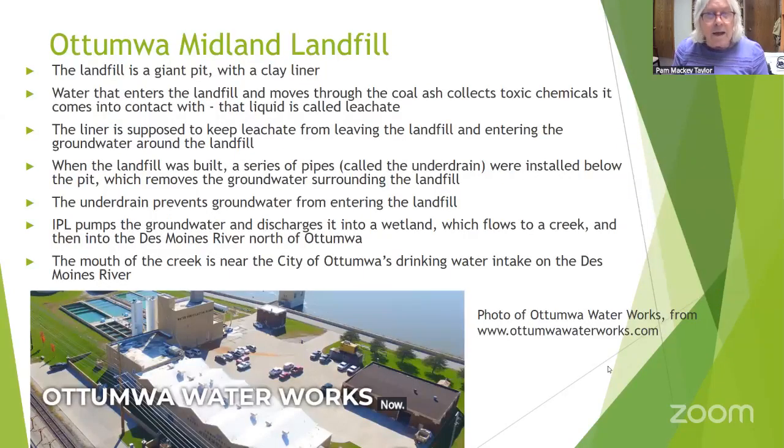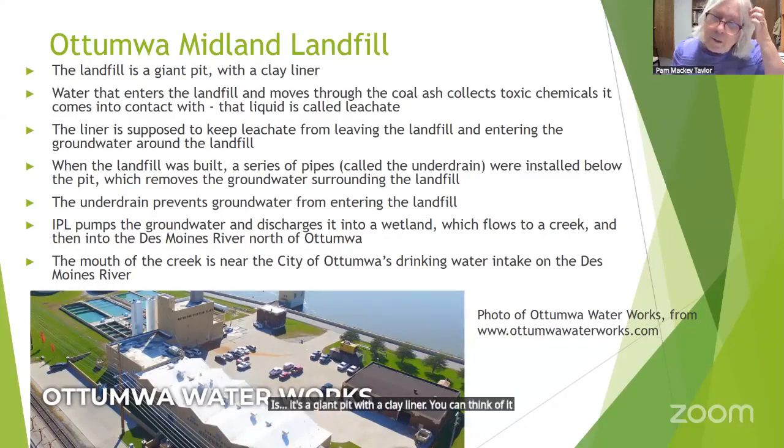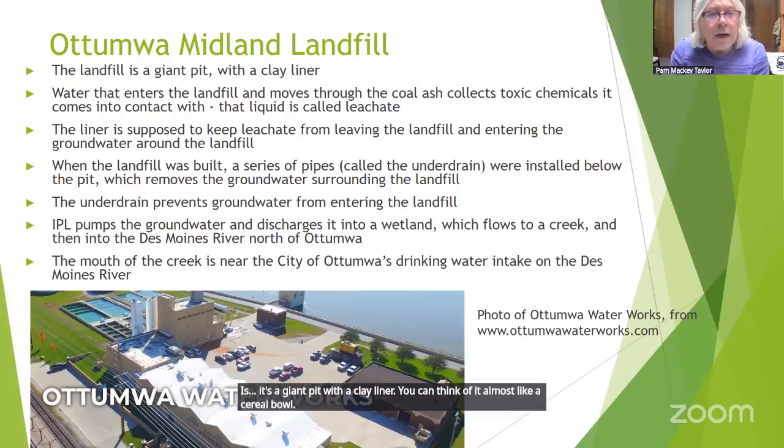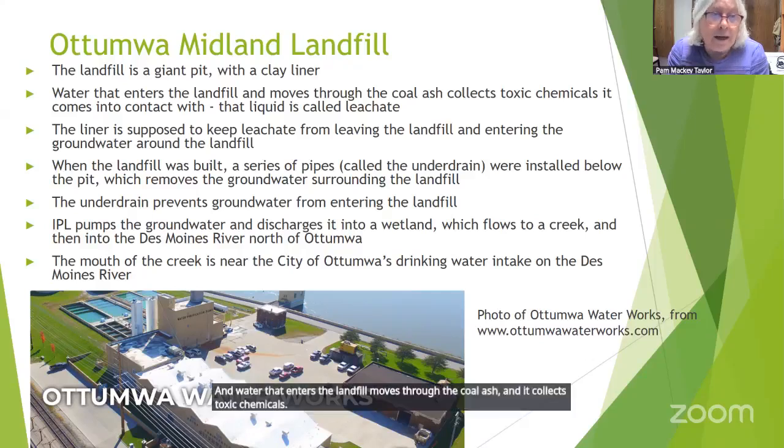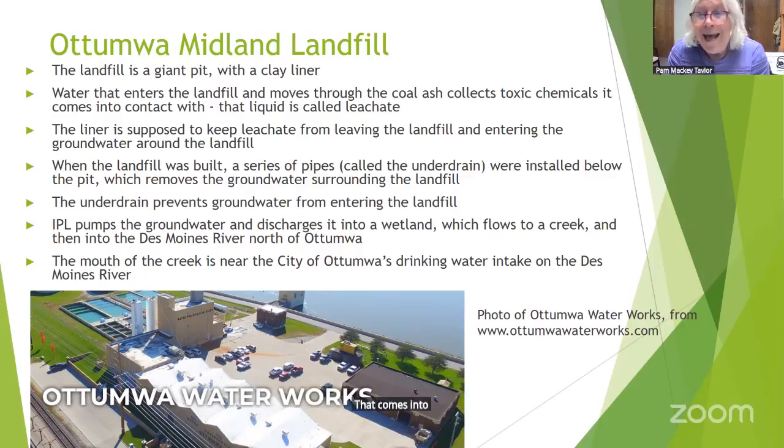Now, the Ottumwa Midland Landfill, it's a giant pit with a clay liner. You can think of it almost like a cereal bowl. And water that enters the landfill moves through the coal ash, and it collects toxic chemicals that it comes into contact with. And that is called leachate.